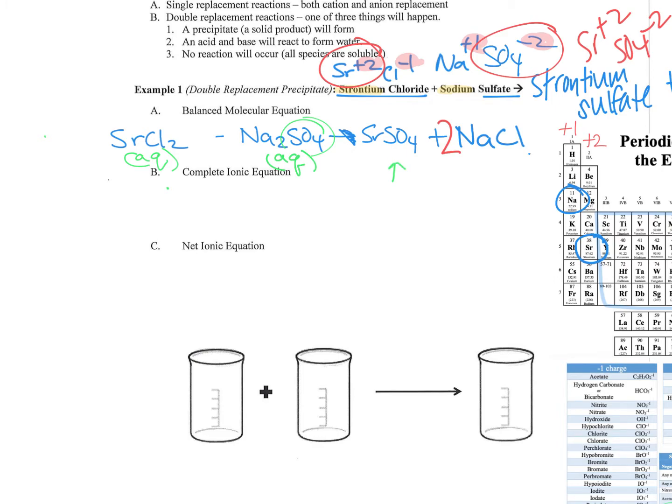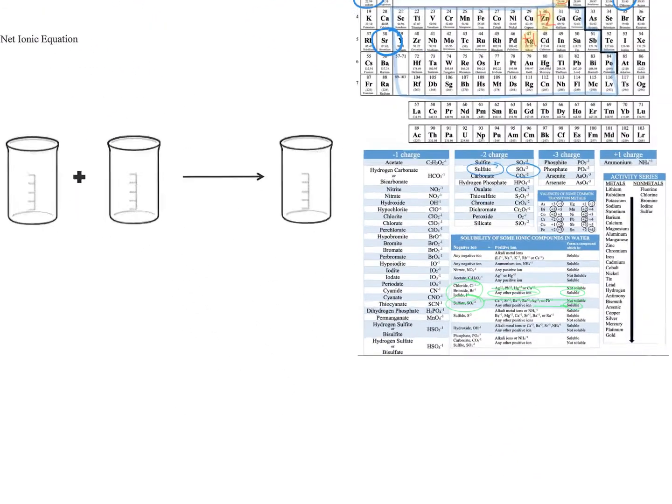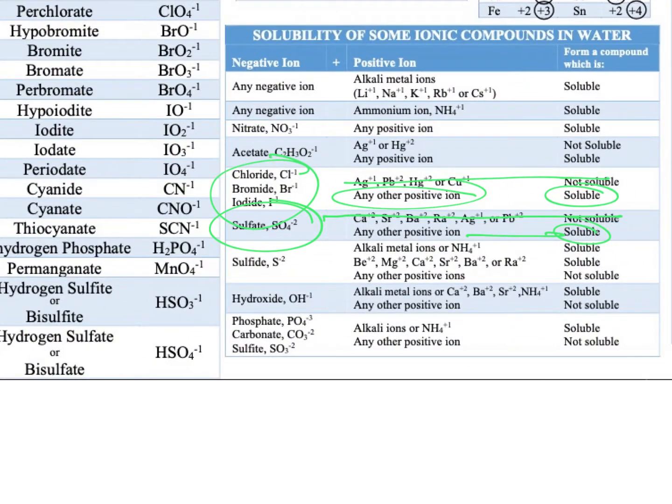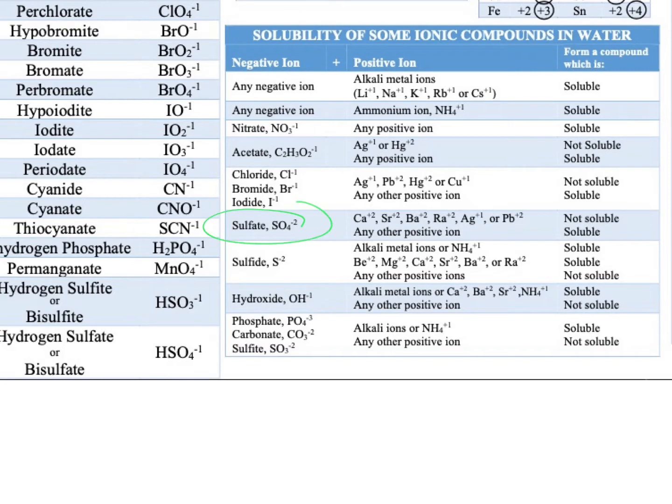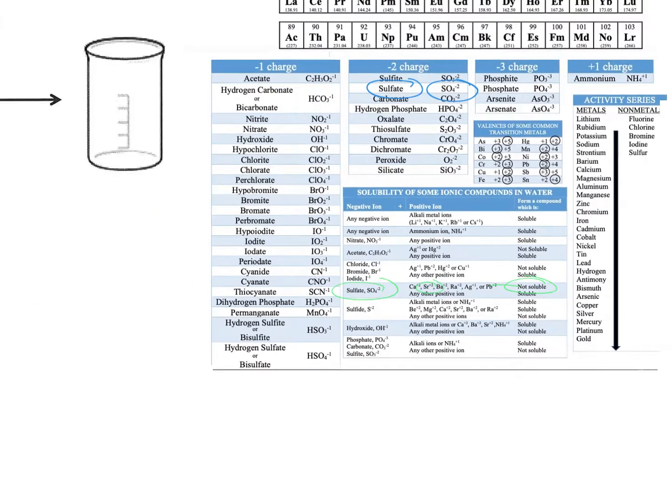And then go to the next compound, strontium sulfate. And I get sulfates. Oh, we're already there. And this time, strontium is listed, and that is not soluble. So that means this compound will not dissolve in water.